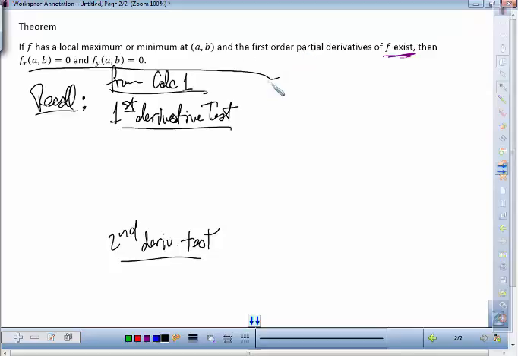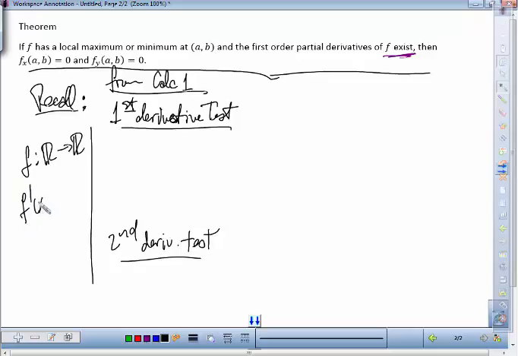Let's do this in Calc 1. So f from R to R, and then what do you do? F prime equals 0, and then what? Those would be the candidate points. And then plug it back into the original function.